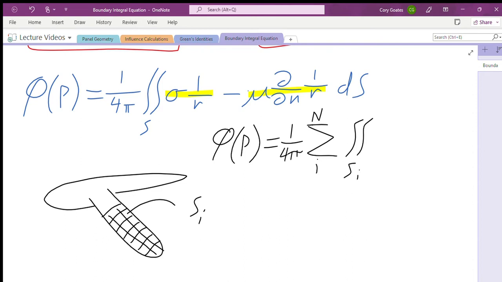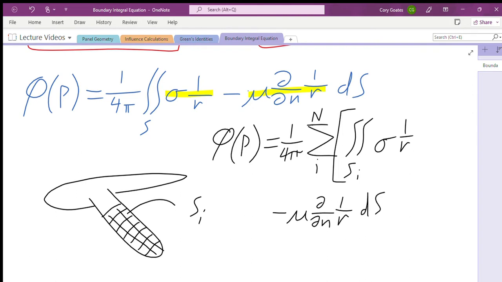So we've still got our sigma term minus mu, and let me put brackets around this, mu partial n 1 over r, now it's ds sub I, our differential element of our ith panel, and that's all it is.